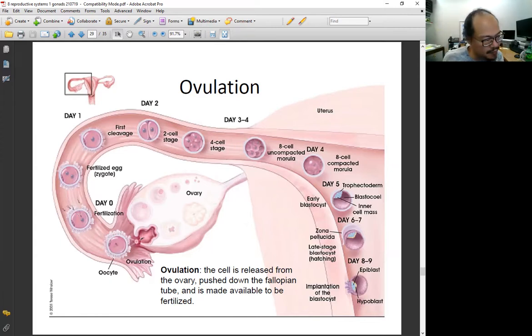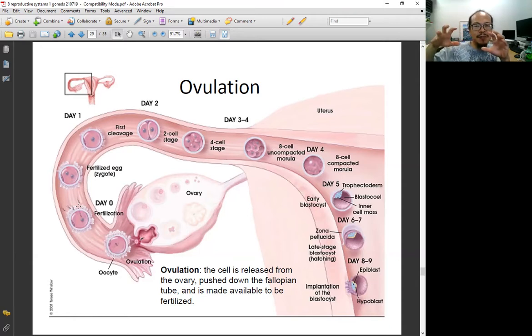Now, if sperm does come in, the sperm has to swim all the way here. When sperm does exist, it will penetrate through the outer layer of follicular cells, enter the oocyte, and throw its DNA in to fuse with the oocyte. If the sperm touches the oocyte, it will complete its second meiosis.